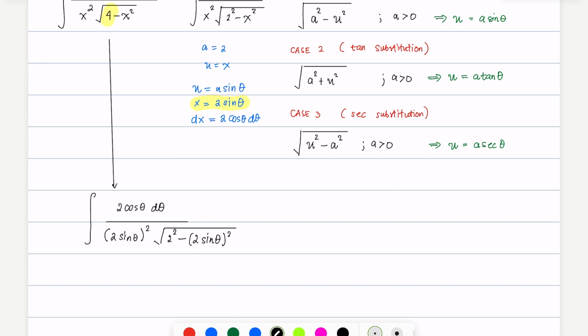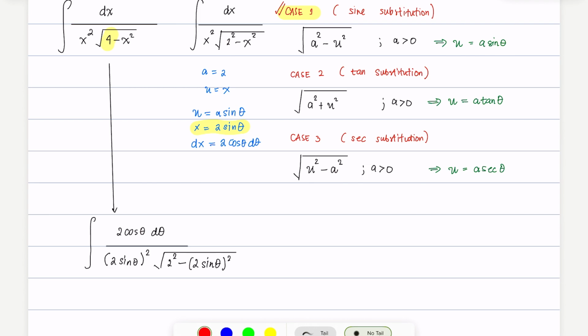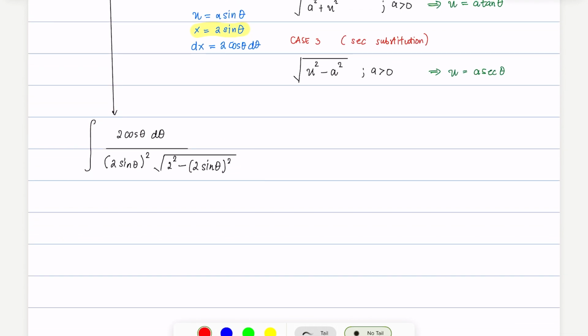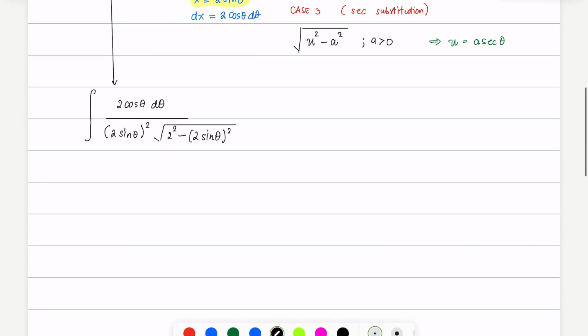Alright, so basically the integral above is now rewritten in its equivalent form using trigonometric functions. So what we're going to do now is a matter of simplification.